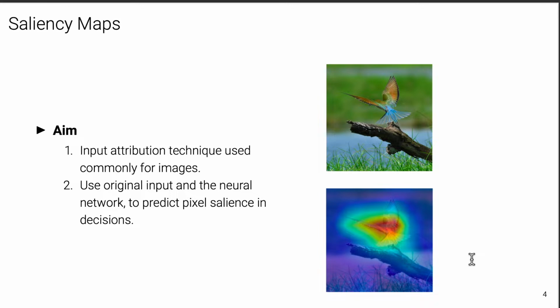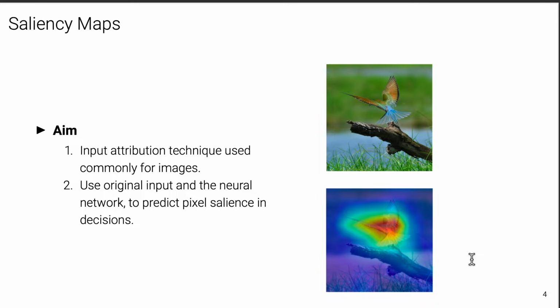For example, if you're recognizing an animal, like a bird, then we want to find the pixels which are most responsible for us recognizing this bird. You can see over here that we go from a red to blue scale: the red pixels are the most salient, followed by the green pixels, and the blue pixels are the least salient. So we go from red to blue in terms of saliency.